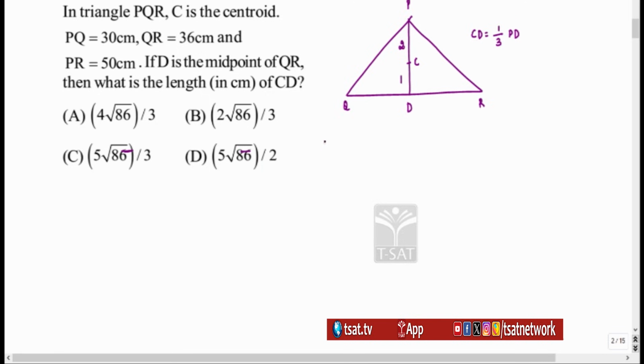Length of median PD is equal to half of the square root of 2 into PQ square plus 2 into PR square minus QR square, or else you can use Apollonius theorem in order to get so.